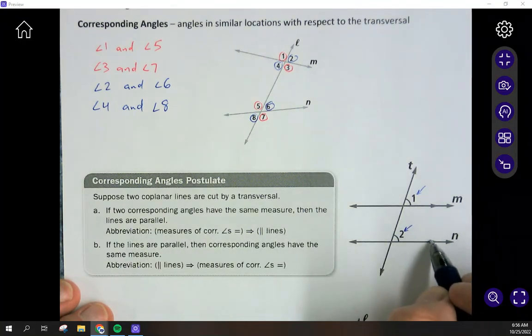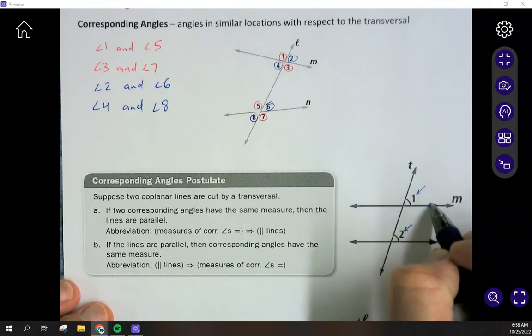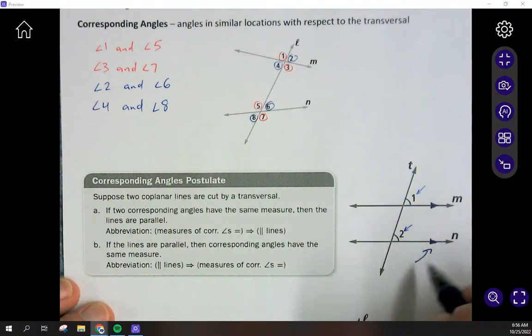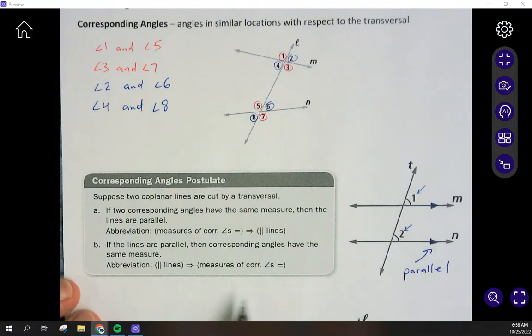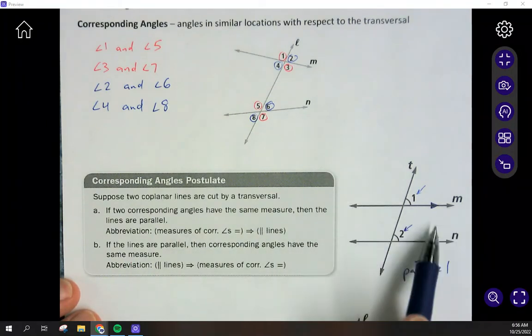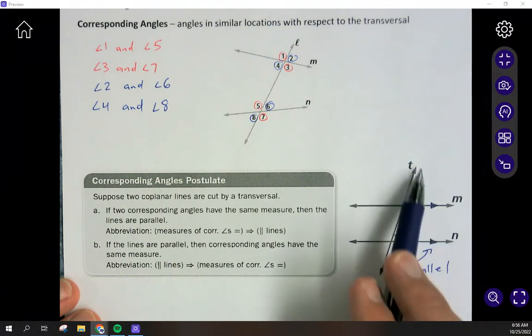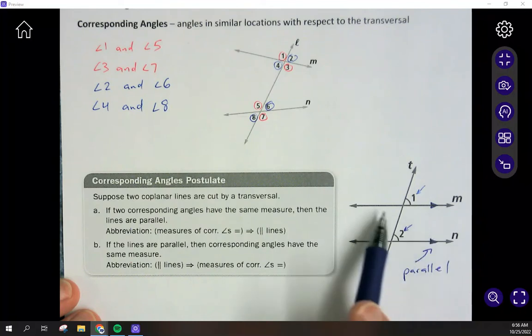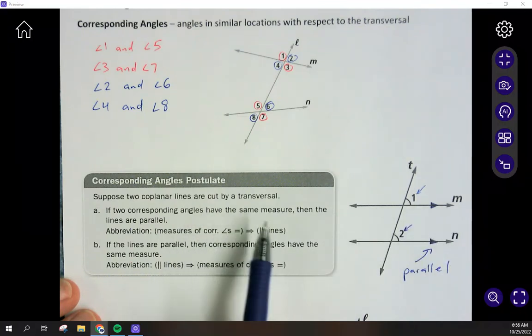Now, one thing you want to look for are these extra arrows that you see on these lines. Okay, that's going to mean parallel. But according to this postulate, even if these symbols weren't here to tell you those lines were parallel, if you have 2 lines cut by a transversal and you have equal angles, you automatically know that those are parallel. That's what letter A says.